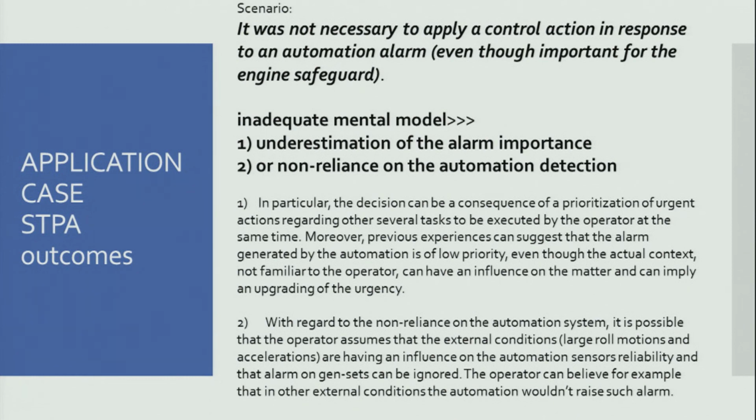So for example, speaking about number one, the decision can be a consequence of a prioritization of urgent actions regarding other several tasks, or maybe previous experience can suggest that the alarm generated by the automation is of lower priority, but we must remember that maybe the environmental conditions are very heavy, so in that case maybe it is not of such a lower priority.